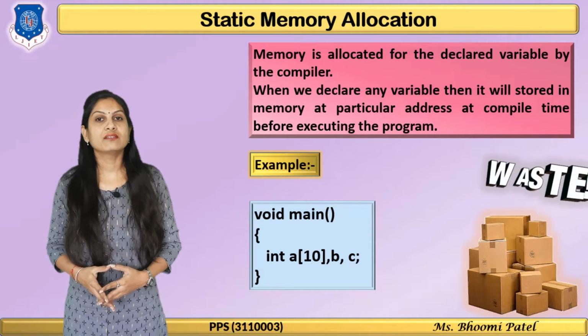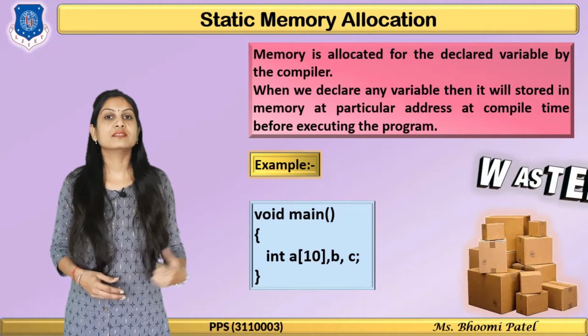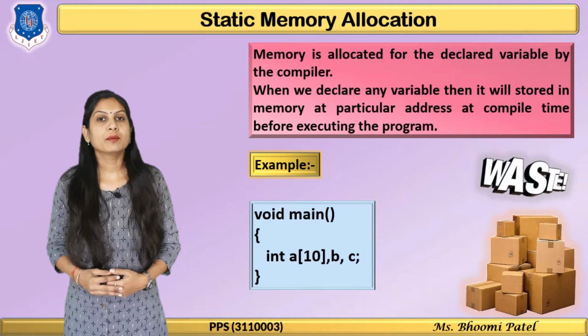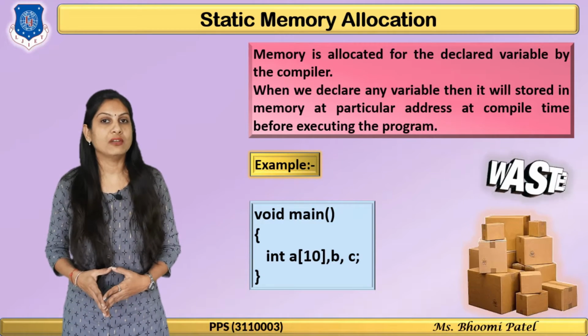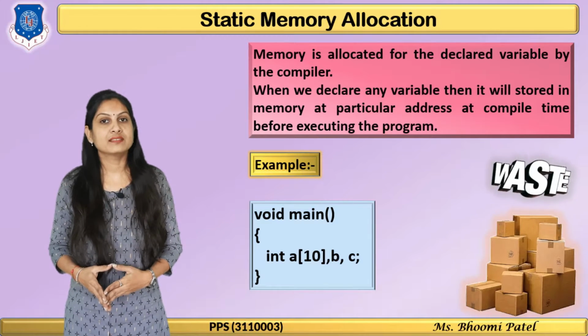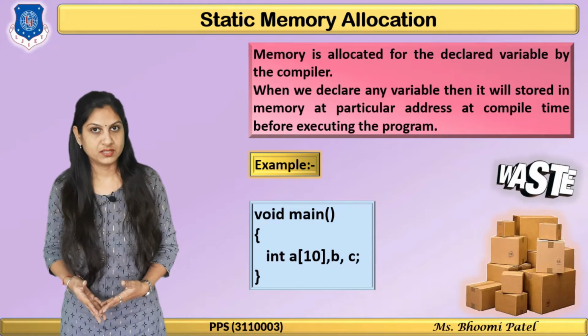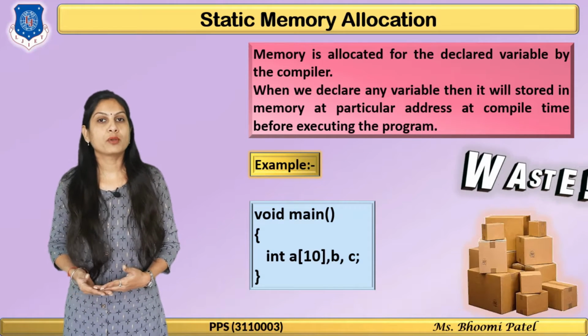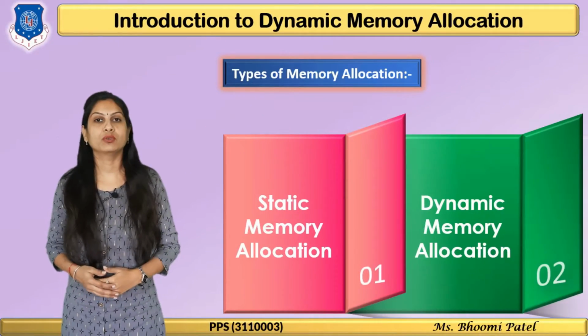And what is the disadvantage of it? When we use static allocation, meaning the array concept, the size is 10 and suppose I enter only 5 elements inside it, then the 5 remaining elements are blank and a total of 10 bytes of memory is wasted. To overcome this type of problem, we now have a new concept, that is dynamic memory allocation.